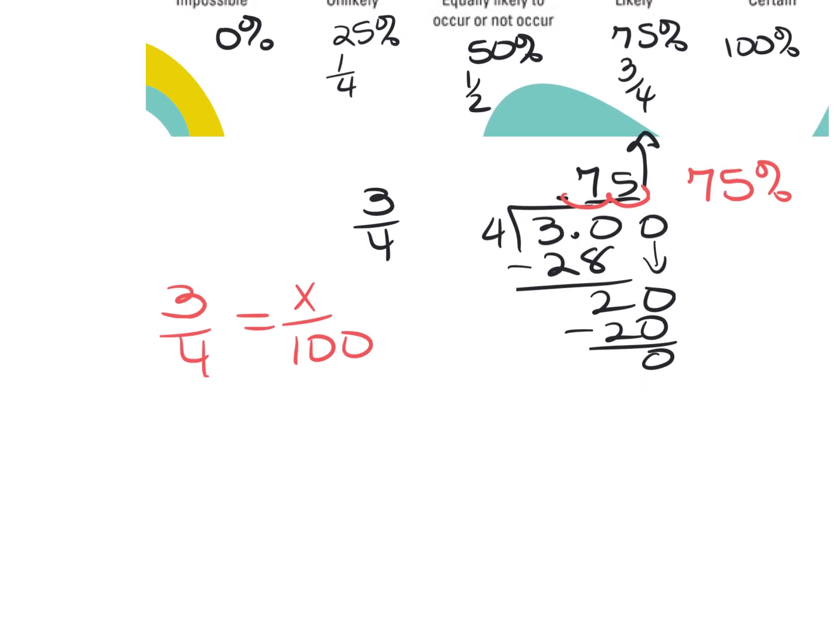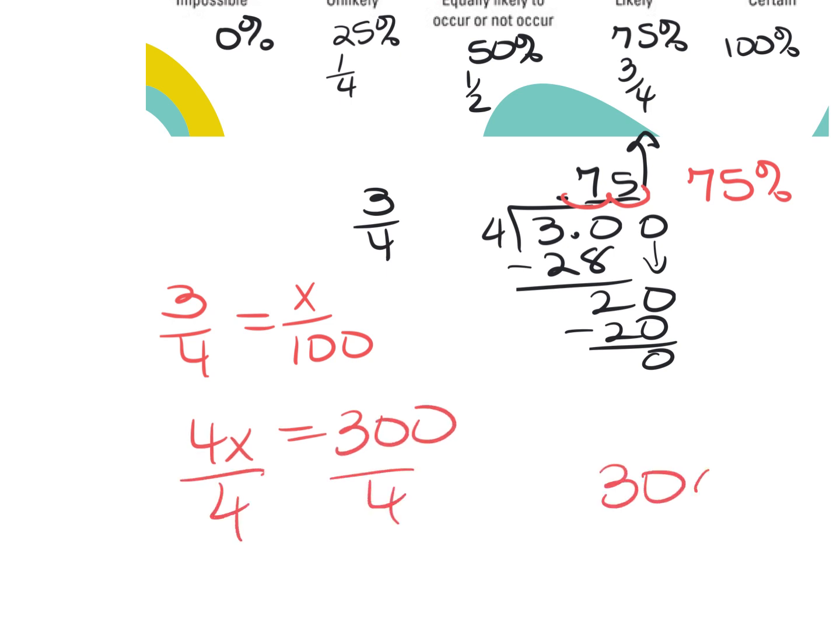For example, if I cross multiply, 4x is equal to 300. Divide by 4, and 300 divided by 4 doesn't make it a decimal, it goes right to the percent. So again, you're using your calculator, but understand how to convert a fraction to a percent and to a decimal. It should have been something you learned back in probably 4th or 5th grade.